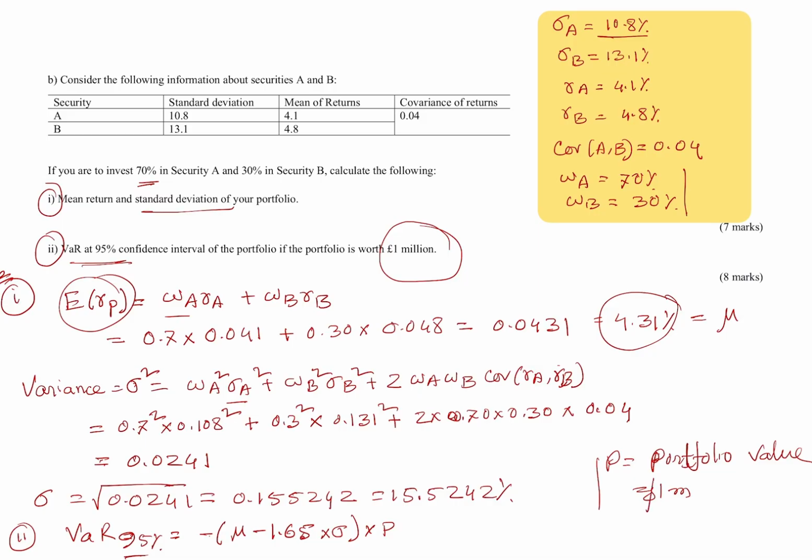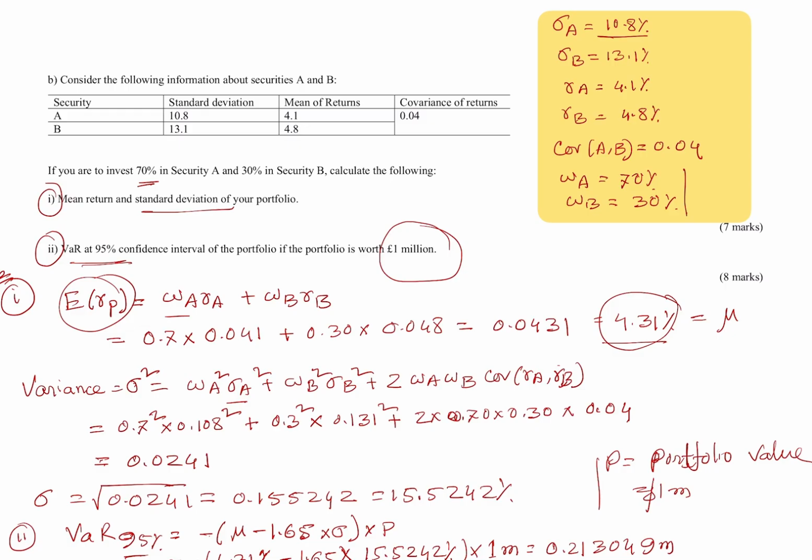If we put all of this information here, we got minus mu, which is 4.31% in percentage, minus 1.65 multiplied by sigma, which is 15.5242%, and we multiply this with 1 million. Including the million, that will be 0.213049 million.